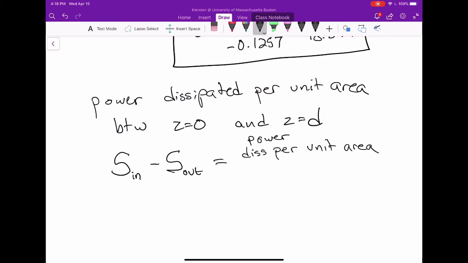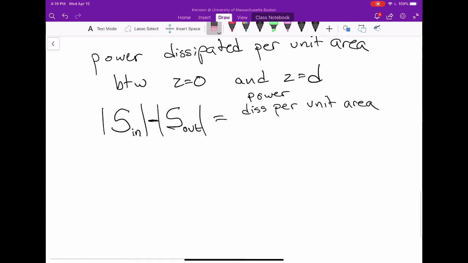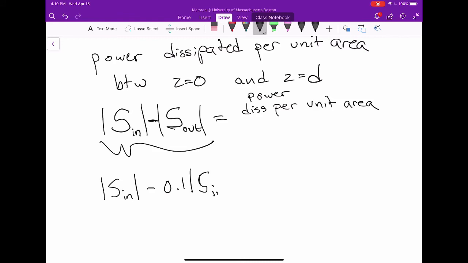I'm not writing it as S dissipated because it's not really a Poynting vector anymore. But the difference between these two time average Poynting vectors will get us the amount of power per unit area that's being dissipated. And we already know, because of the constraints that we put on the value of the depth, that this power in minus power out is actually power in minus 0.1 times power in.